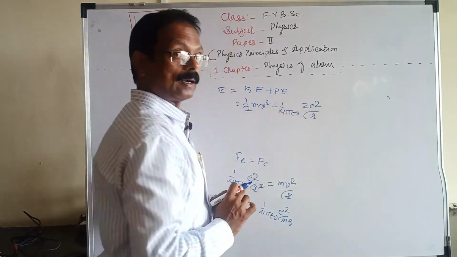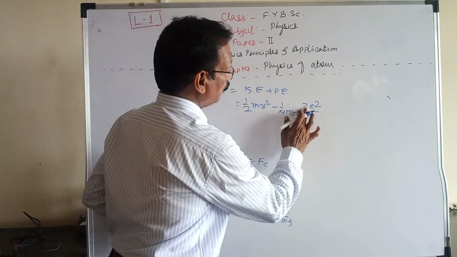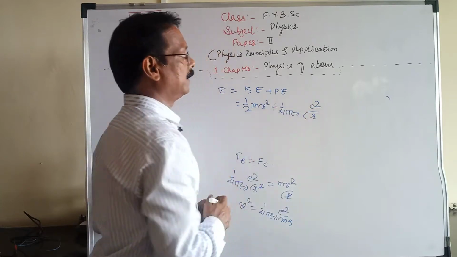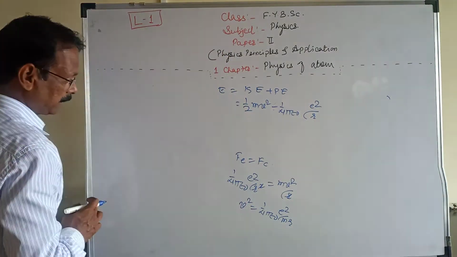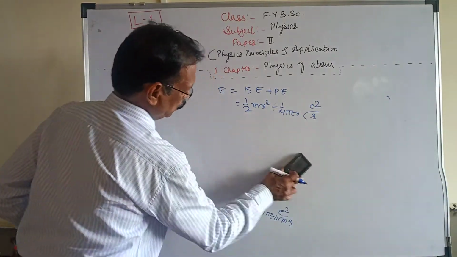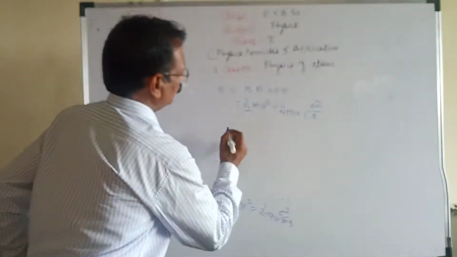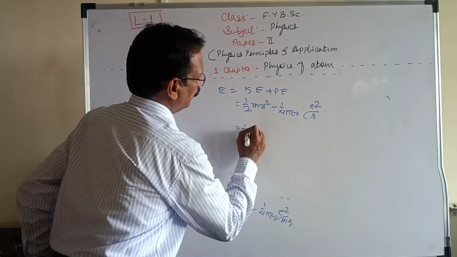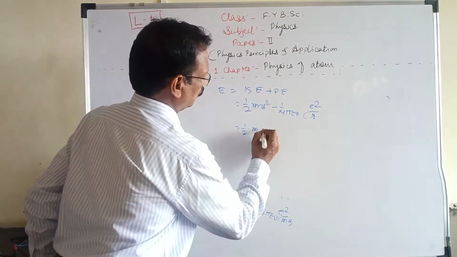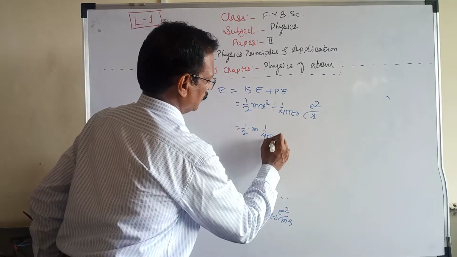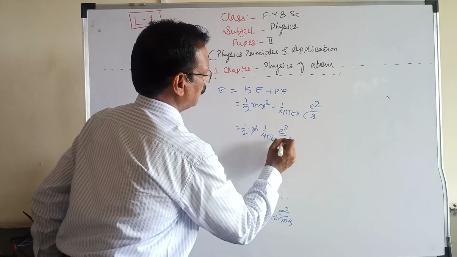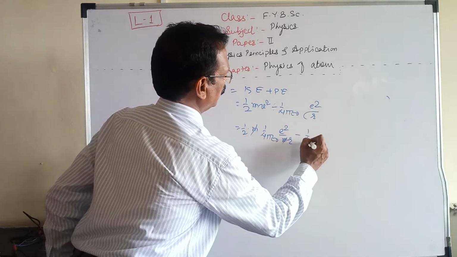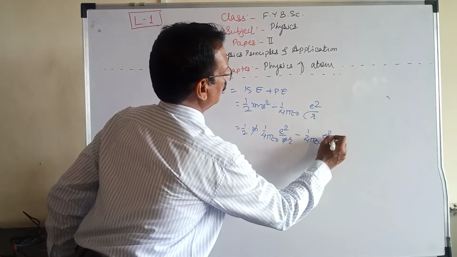But for the hydrogen atom Z is equal to 1, so this becomes e²/r. Now what is v²? We calculated it, so we substitute the value: 1/2 m times v², where v² is 1/4πε0 times e²/(m r). The m gets cancelled, minus 1/4πε0 times e²/r.